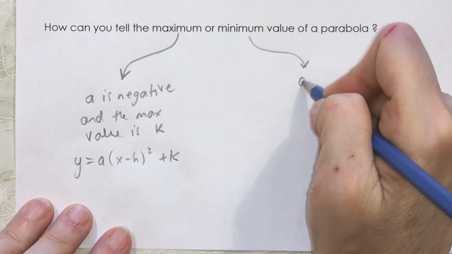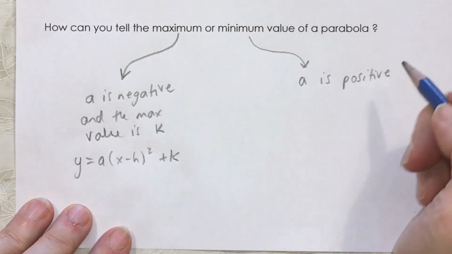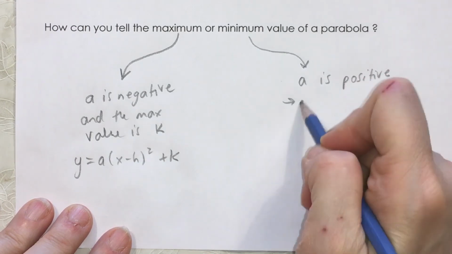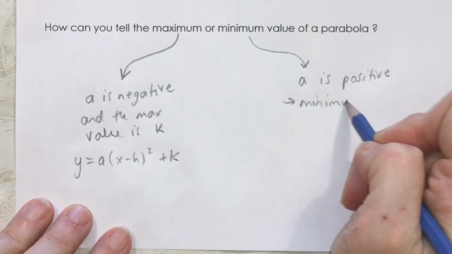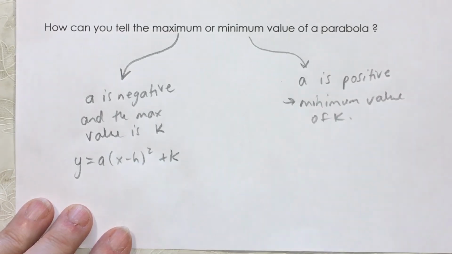And if a is positive, you have a minimum value also being k, based on the vertex form of the equation.